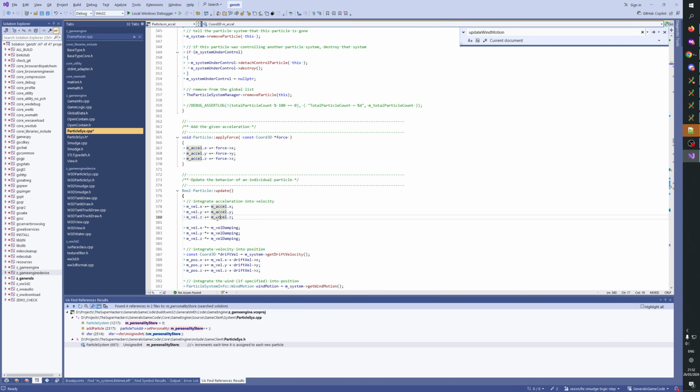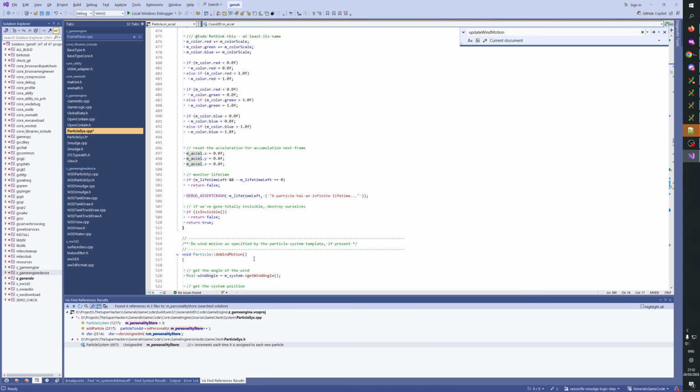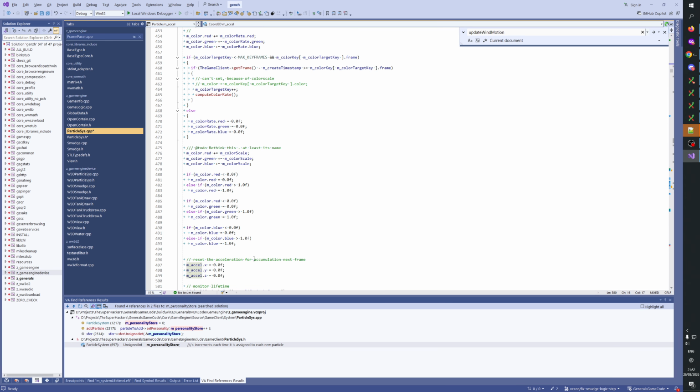Okay, so here it's getting interesting. Acceleration. Plus equal velocity times acceleration. See acceleration decreasing. Oh, it is accumulation next frame.